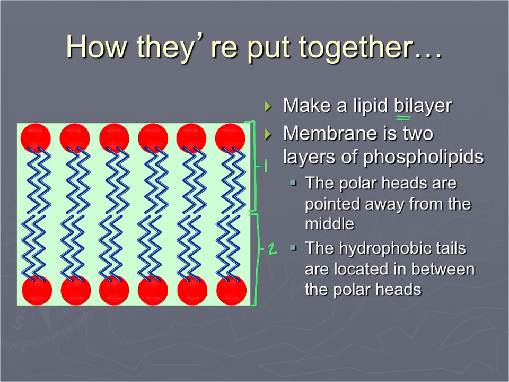The way it's structured is that the phosphate heads are always pointed to the outside of the cell, and you can also see that those lipid tails that are here in blue are always pointed towards the inside of the cell membrane. So the tails are always sandwiched between the phosphate heads in a phospholipid bilayer.